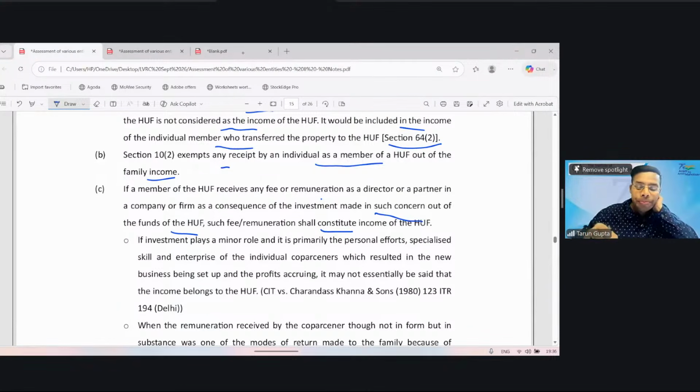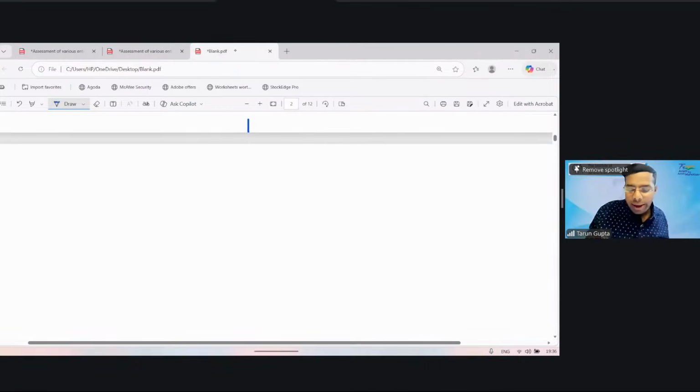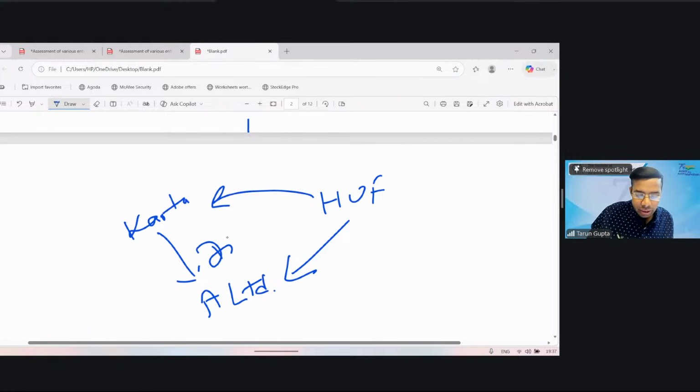So I will explain what happens. The HUF has, from its own funds, made investments, say in A Limited. Now a member of the HUF, say the Karta of the HUF, is a director in this A Limited and he is getting a salary.